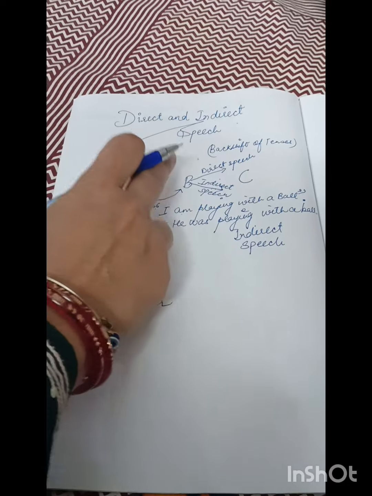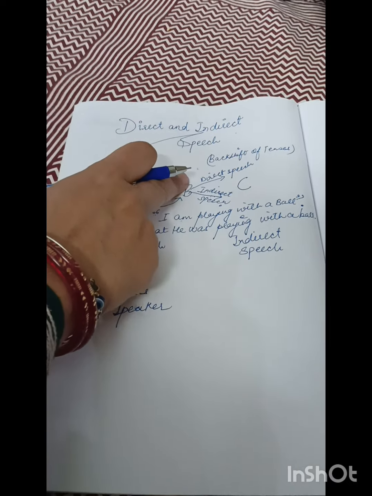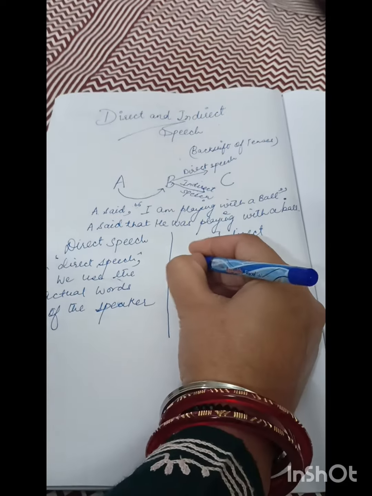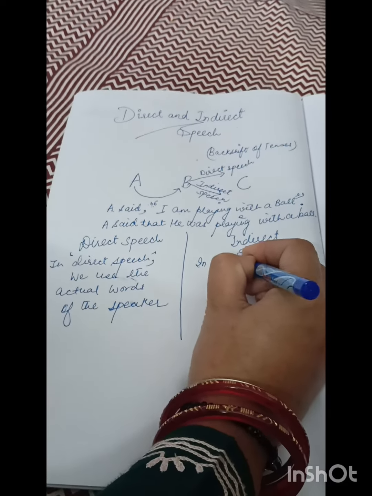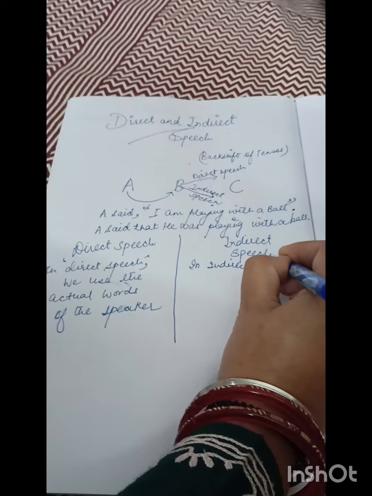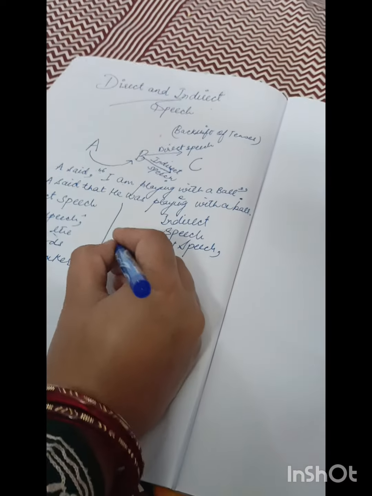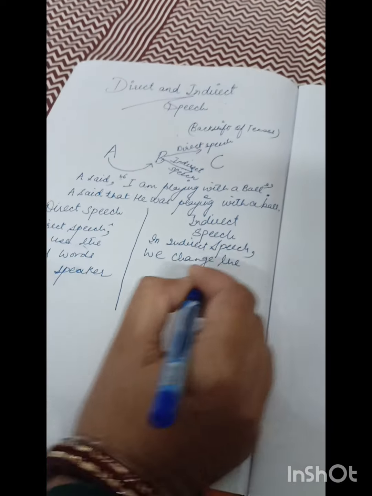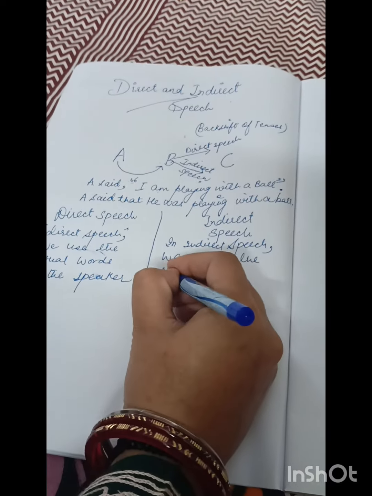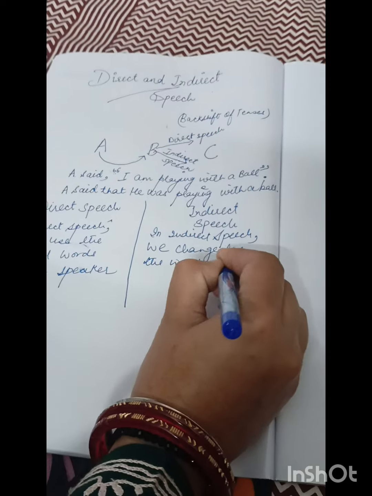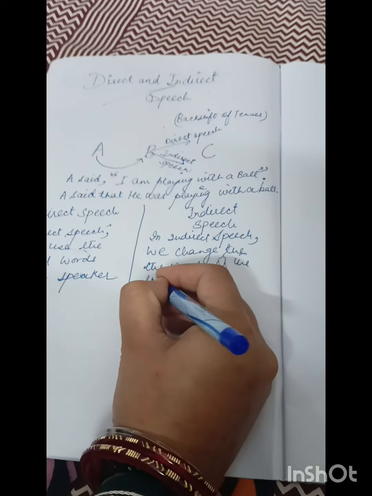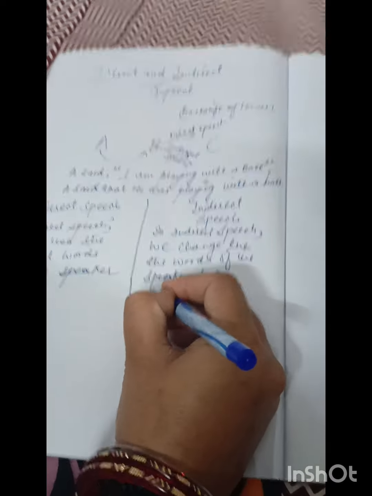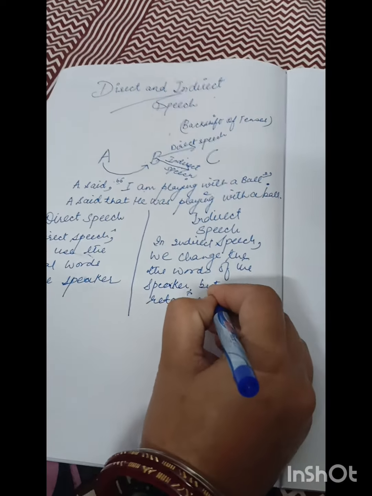Whatever A said to B, the same words are communicated further to C. Similarly, in indirect speech, we change the words of the speaker but retain the same meaning. Retaining means keeping the same meaning.